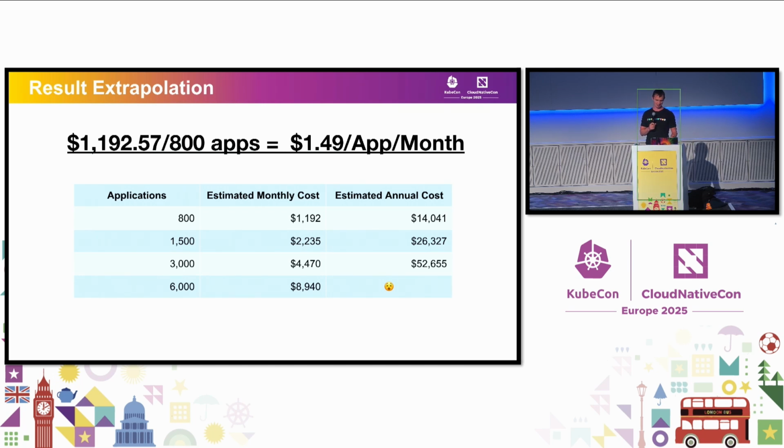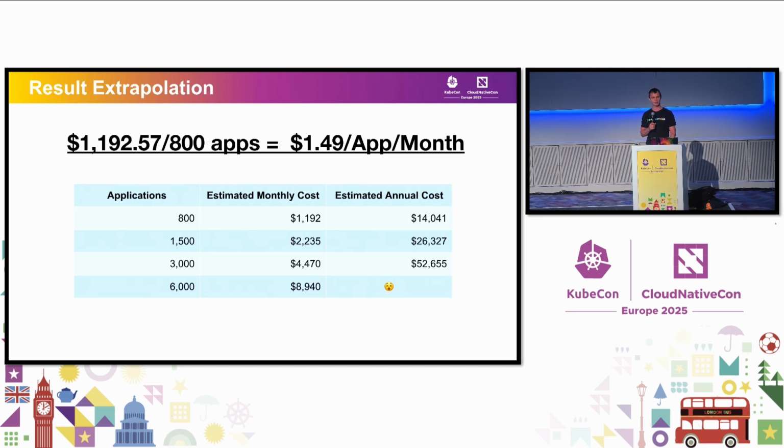Using this simple math, you can calculate that in our experiment, at least, one Argo CD application cost us $1.49. This table, I don't mean to scare you, but it shows you the level of the problem. If you're trying to manage 3,000 applications, you might have to spend $50K a year on a control plane. And for 6,000, I didn't even want to put this scary 6-digit number.